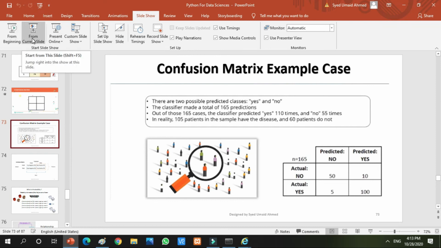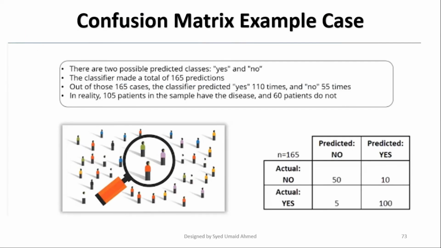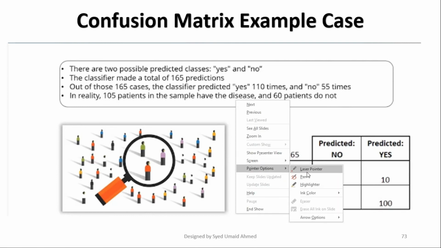So this is the confusion matrix, another example, and this is a classifier which made around 165 predictions, for 165 patients, and in reality 105 patients have the disease and 60 patients do not have the disease. What the classifier predicted is in front of you and you can easily see it.